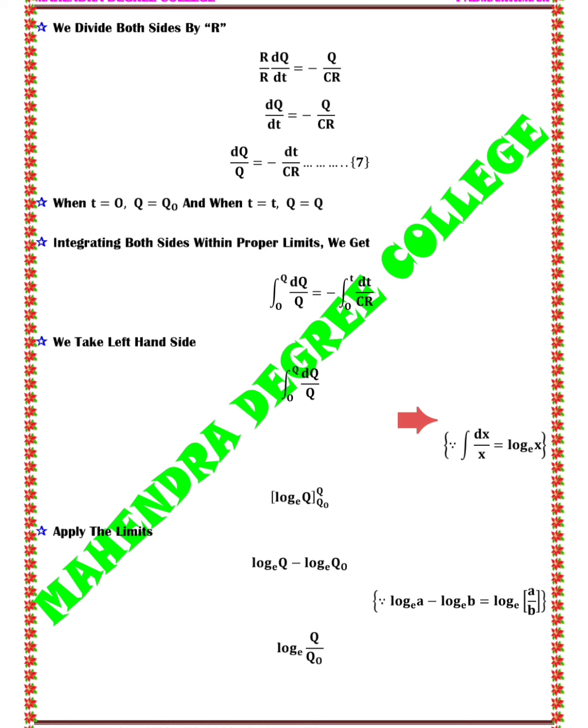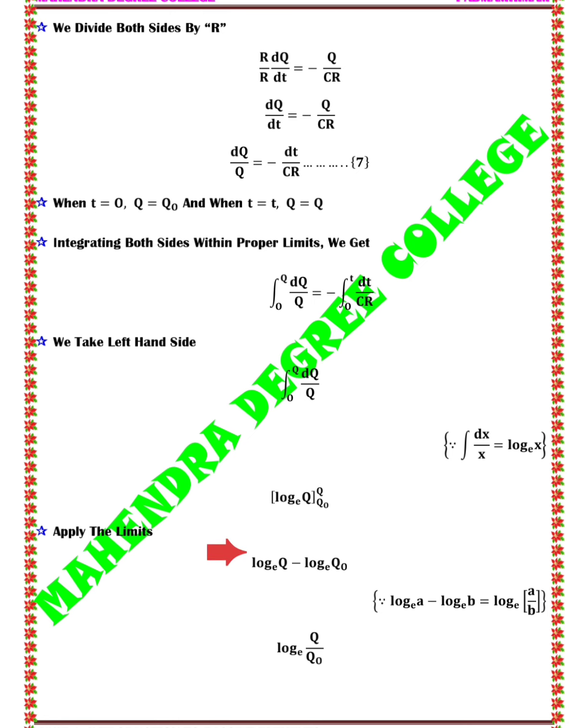We know integral dx by x equals log x. So, log Q from Q naught to Q. Apply the limits.